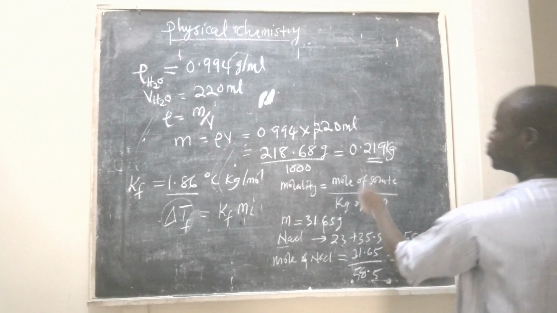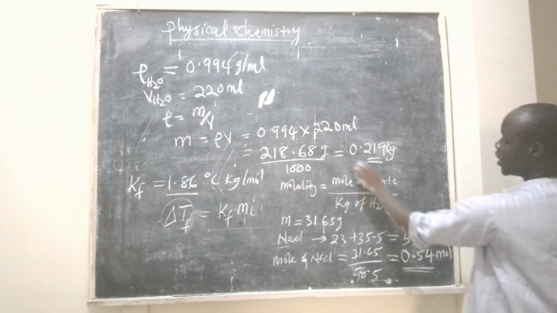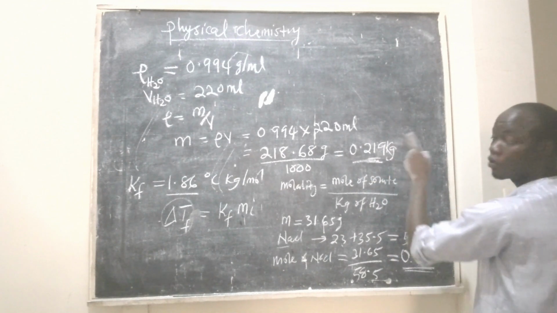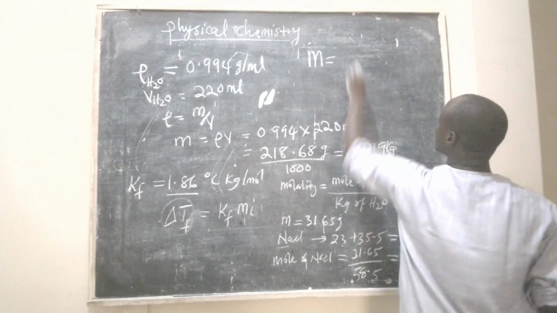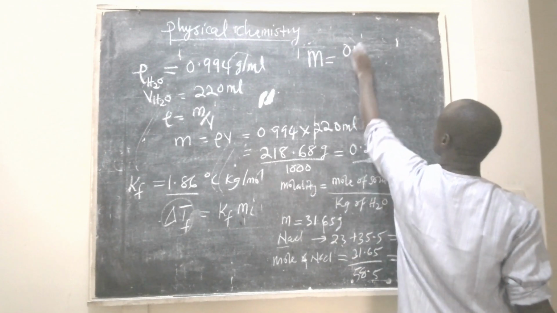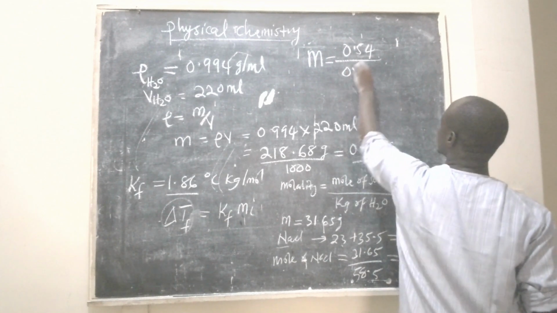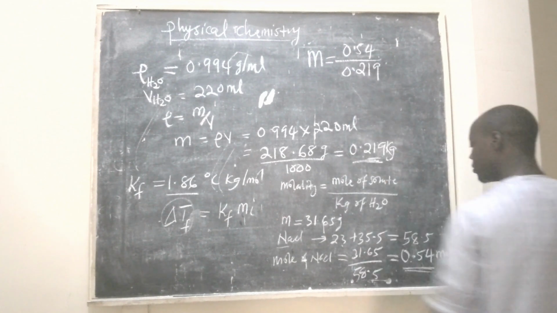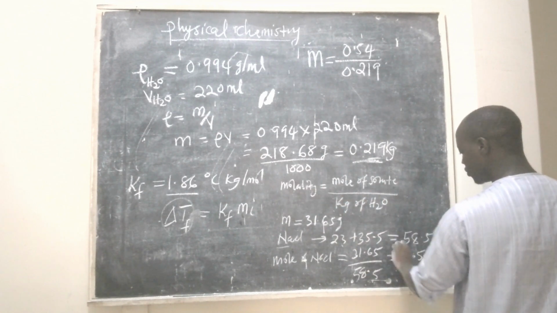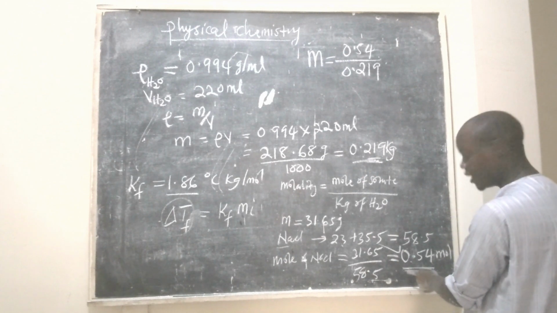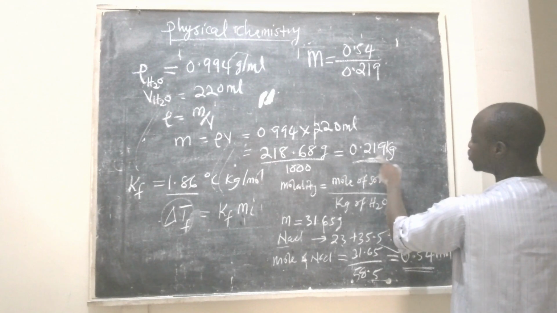So now we have our number of moles of sodium chloride and our mass of water in kilograms. So the molality is equal to 0.54 divided by 0.219. From our formula, the moles of solute is already obtained as 0.54, and the kilogram of water is 0.219.